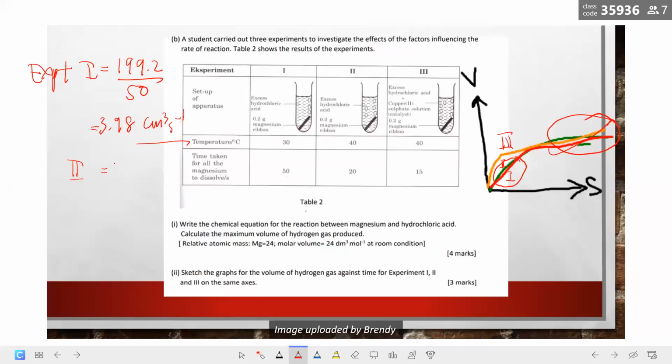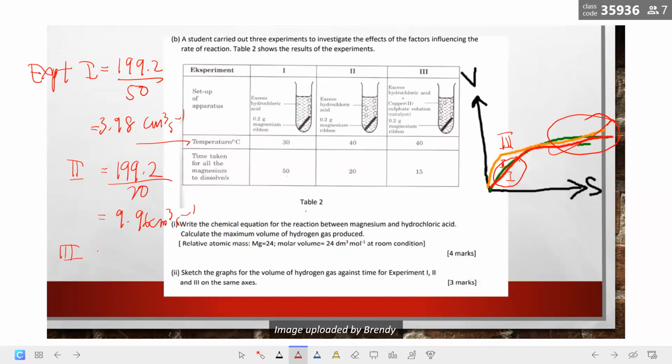So it's 199.2 and I'm doing experiment 2. What is my time there? 199.2 divided by 20. If your calculator is in front of you, you can calculate. 9.96 centimeter cube per second. It's correct. I'm assuming it's correct because you have calculators and not me.